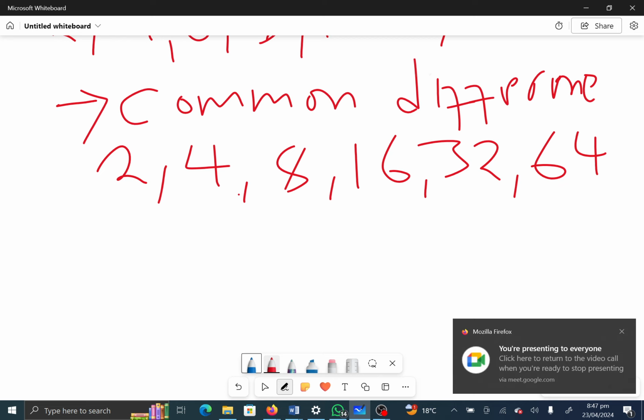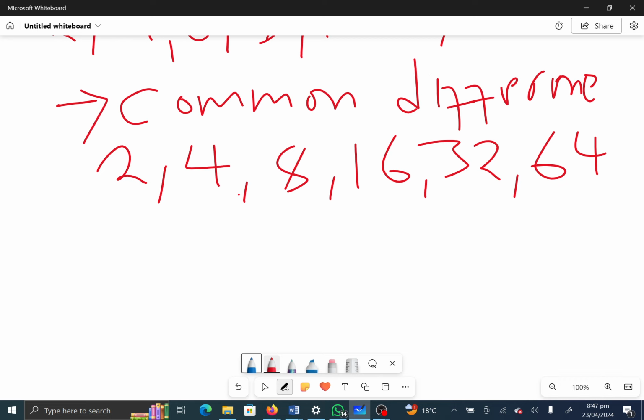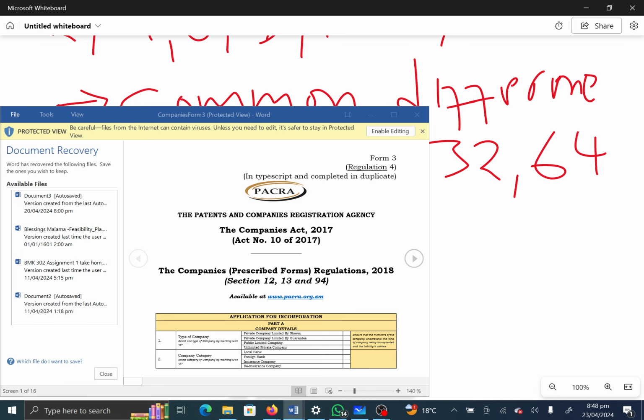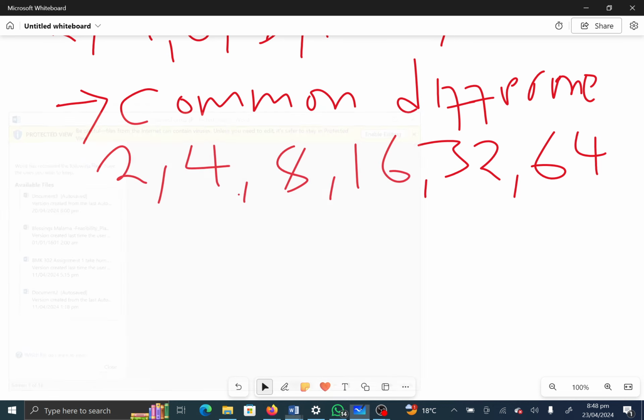So we are looking at GP. In a GP, we have a progression which is geometric in nature, where we have 2, 4, 8, 16, 32, and 64.